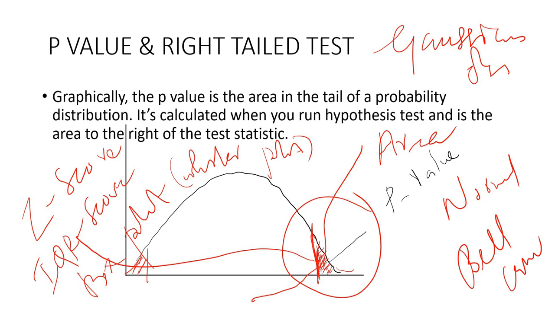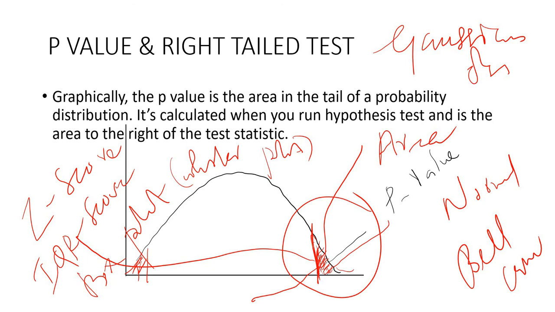In this portion here, your outliers are coming. Here also you will get outliers, so that is a two-tailed test. If it is a two-tailed test, this area also we have to consider. I am talking about the right-tailed test. There is a separate video for right-tailed test, left-tailed test, and two-tailed test, the different types of hypothesis testing.